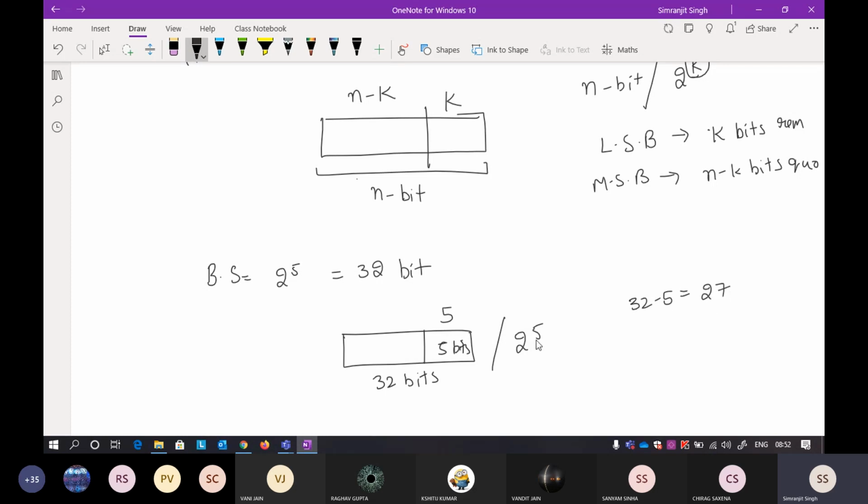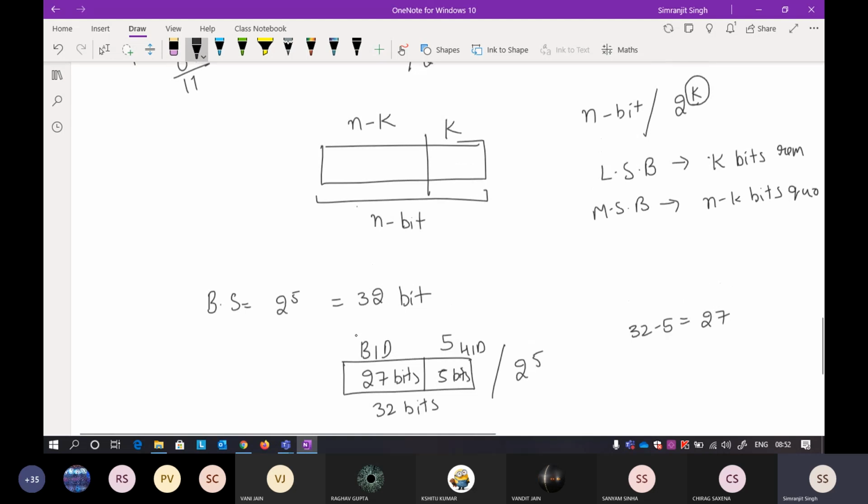It is 27. So the most significant 27 bits will be your quotient. Now what is the meaning of it here? This will be your block ID part and this will be your host ID part. I'll make it clear, don't worry about this part.